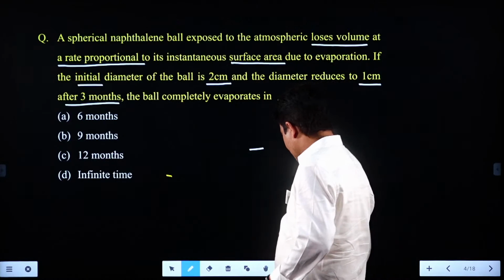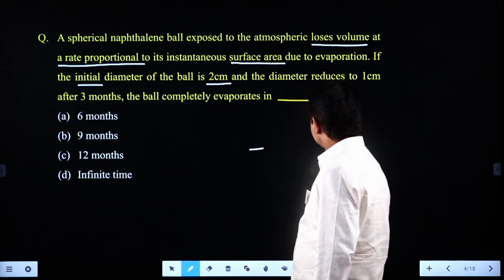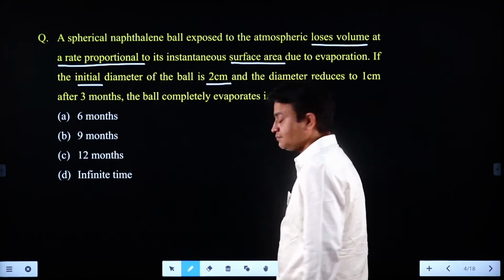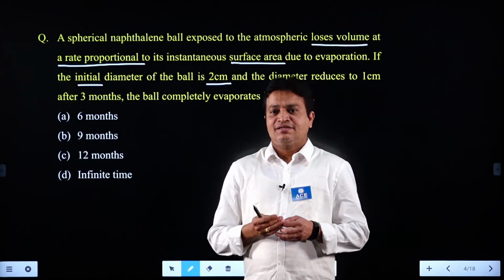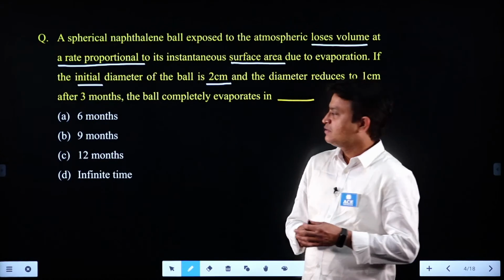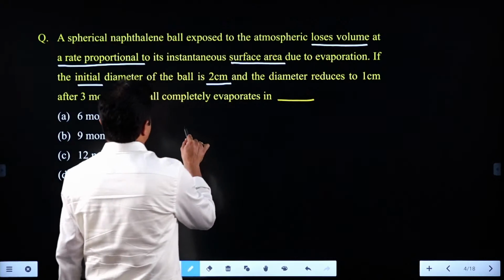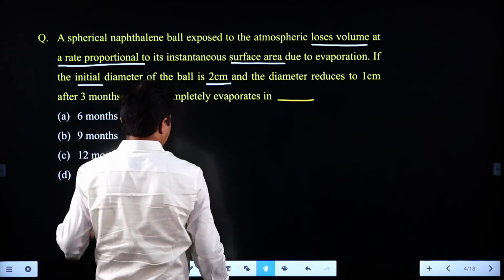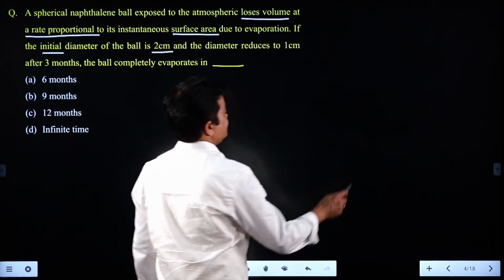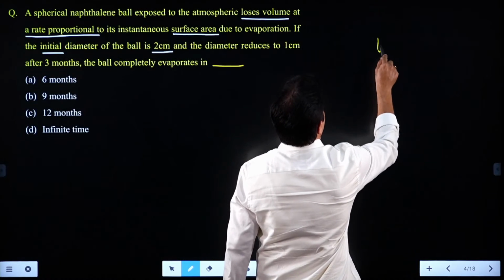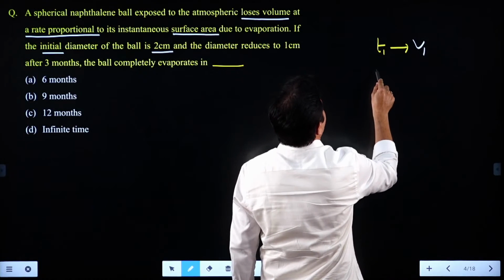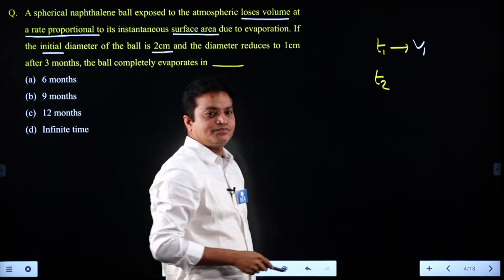Here you observe, as time is increasing, the volume of that naphthalene ball is decreasing. For example, at a particular time t1, volume is V1. After some time, now the time is t2.